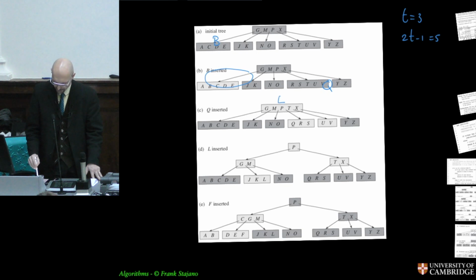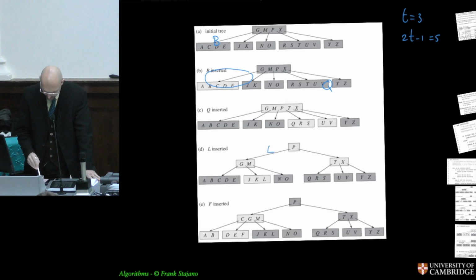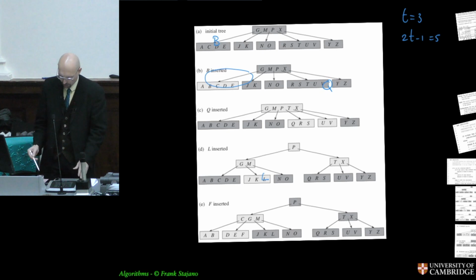So P, the middle value of the root, goes up. All the paths increase by 1. And now I continue with my L, which was going to go to the left, between the G and the M. That one has space, so it gets inserted into here. And so on.